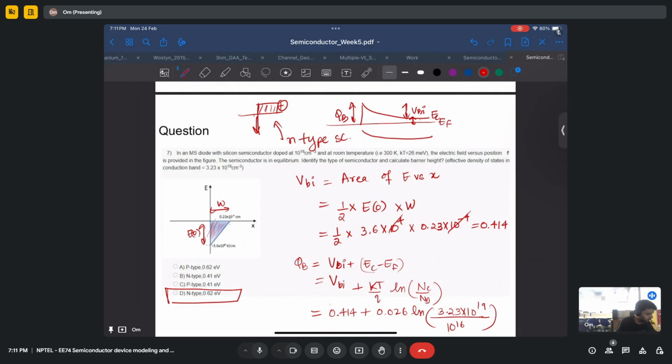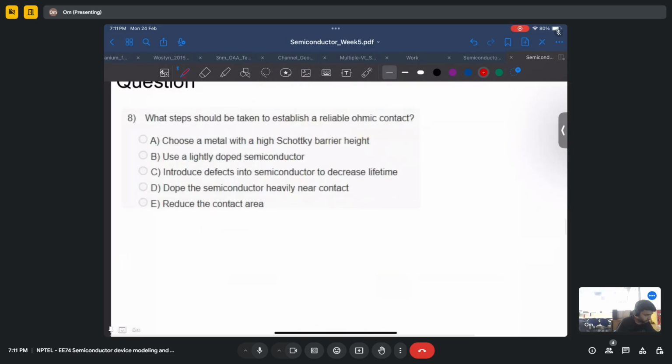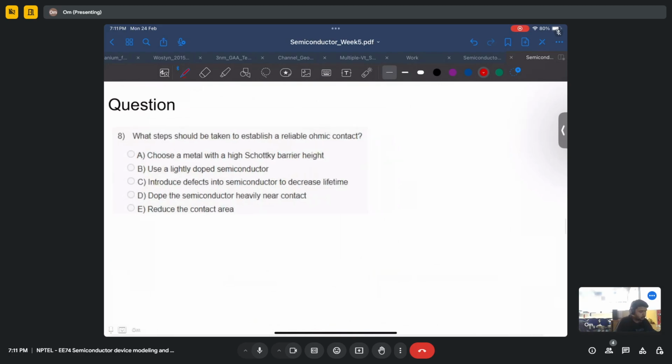Okay, so let's see the next one now. What steps should be taken to establish a reliable ohmic contact? So we know ohmic contact is the one where the electrons can flow on both sides, and we've seen it in the videos.